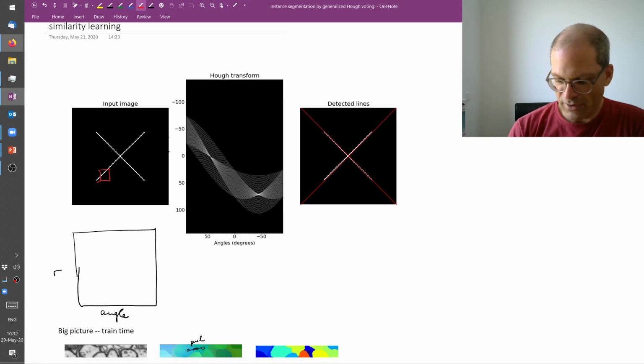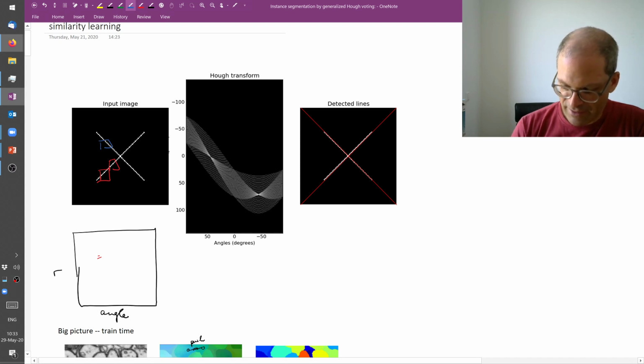And then this patch may vote here, and a different patch from the same line may vote there. A patch from the other line may vote here. And the patch from the area where the lines cross will probably be completely confused and cast some strange votes anywhere.